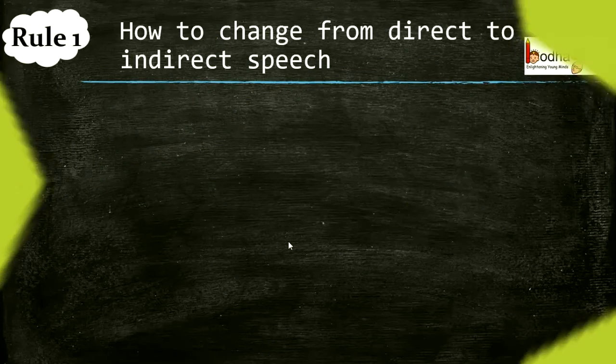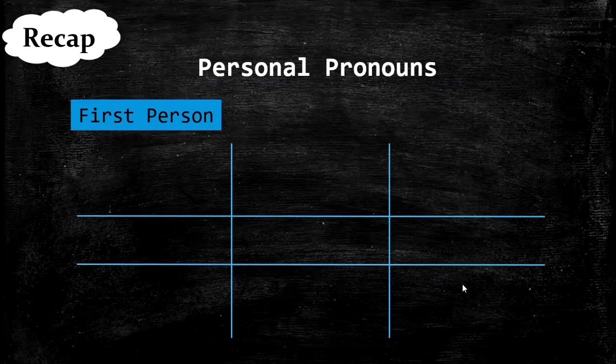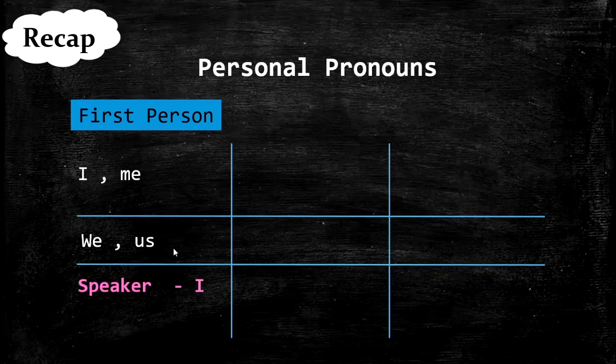Now, in this lesson, we shall understand what are the rules involved to change the pronouns for indirect speech. First person: I, me in singular form; we, us in plural form. Remember, first person is about the speaker.